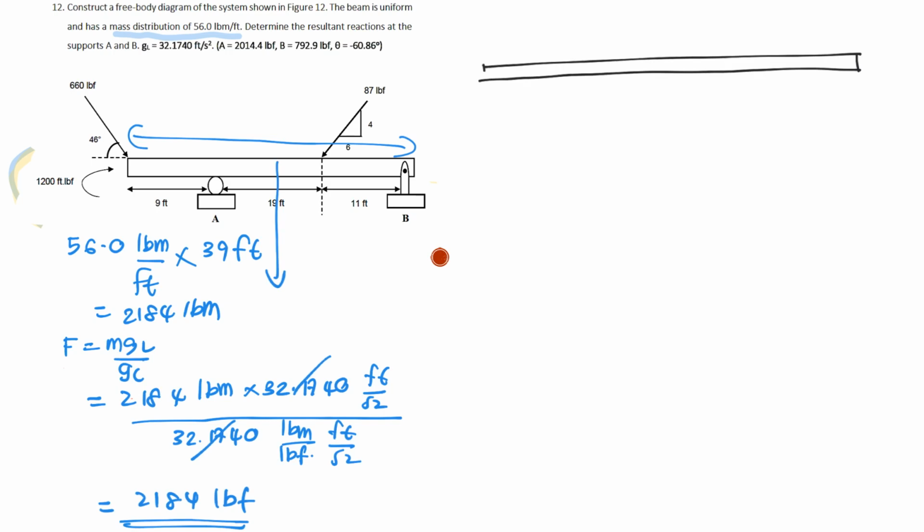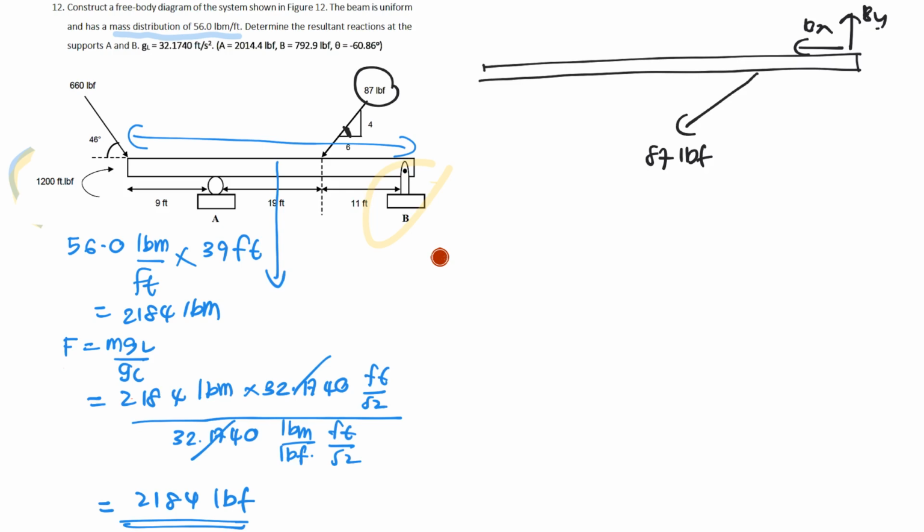For the hinge at B, I need to assume, so I assume it's going to be upward and to the left. For the 87 pound force, I need to find the angle first.